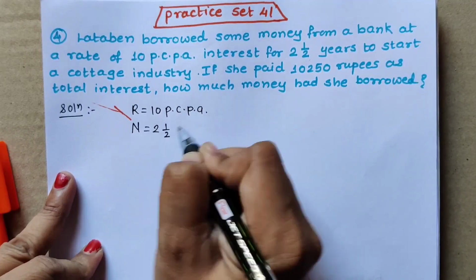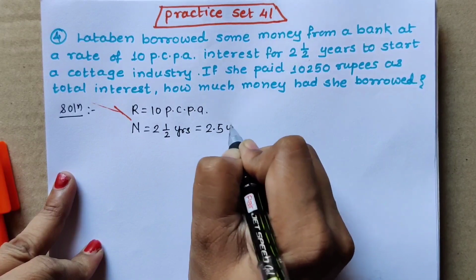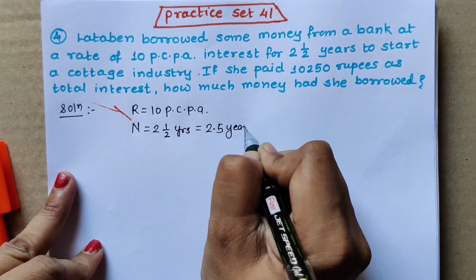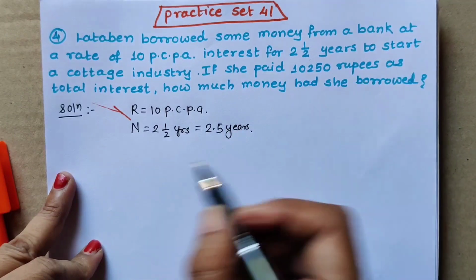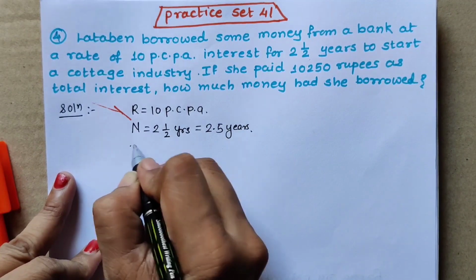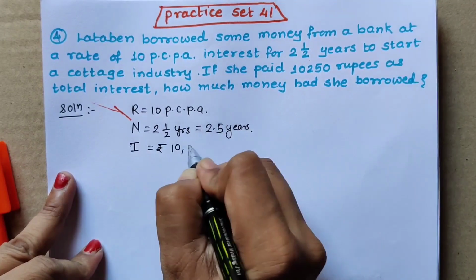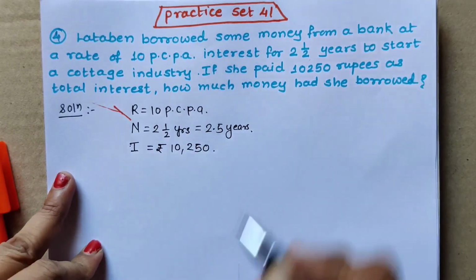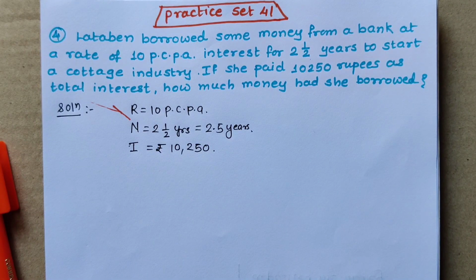We all know 2.5 years means what we write? 2.5 years. Okay. Then if she paid 10,250 rupees, that means total interest is given rupees 10,250, and we have to find the principal. How much money had she borrowed? We have to find the principal.